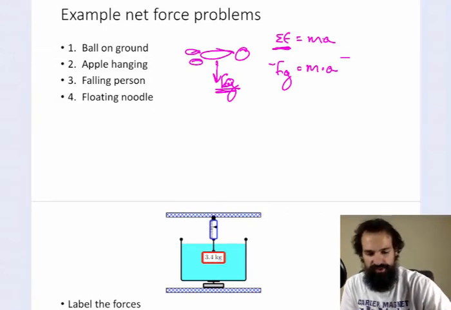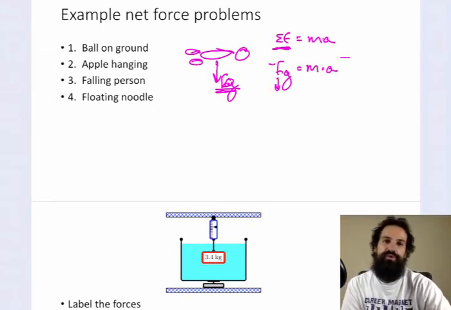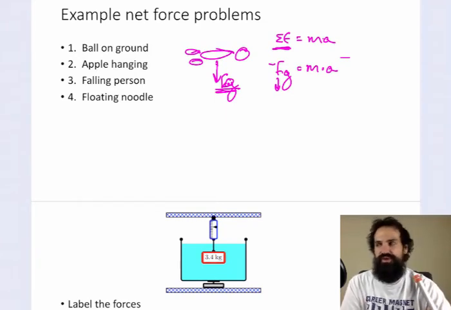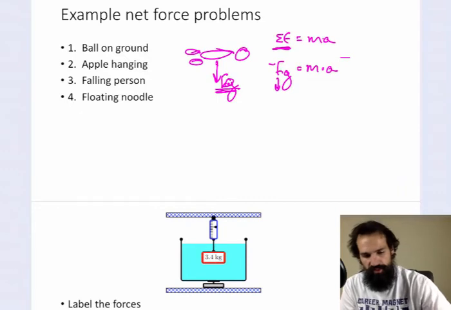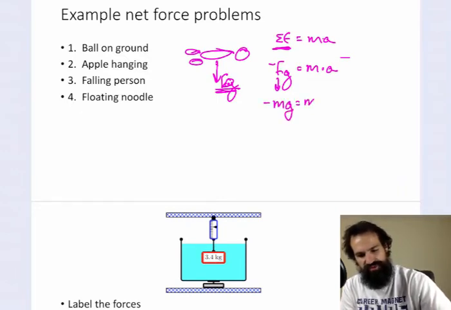Now, if you wanted to, you could remember, oh yeah, we know the equation for force of gravity. If you don't, I think it's on your equation sheet. But you'll learn it in a week's time with as much as we will use it. But it's negative mg, which is equal to ma.